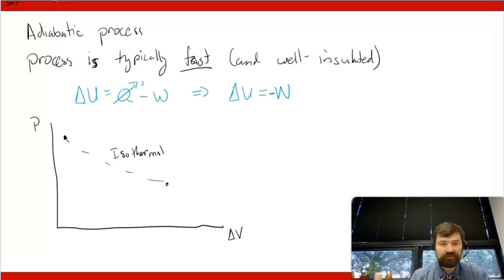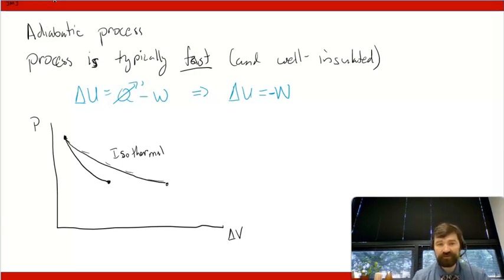So if I were to plot this as my isothermal process, this P is proportional to 1 over V. The adiabatic process would actually maybe be more equivalent to this. Essentially, you're going to have changes in delta U and in W, but your temperature is also going to end up different than what you had with isothermal.